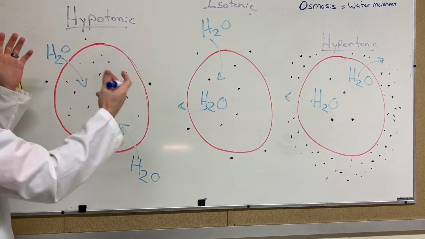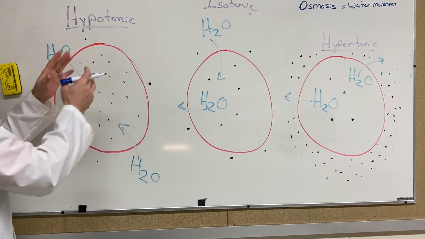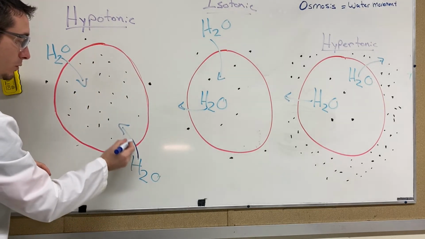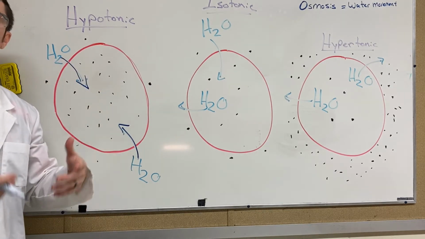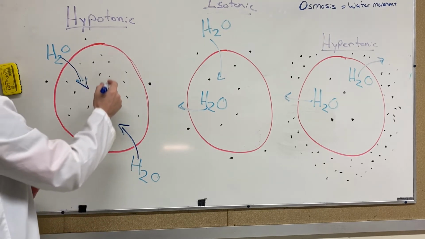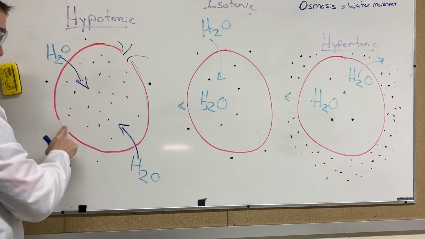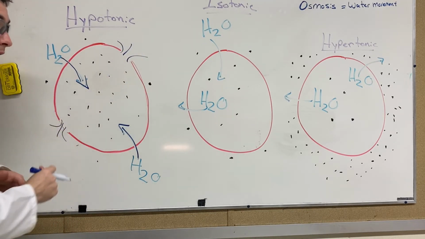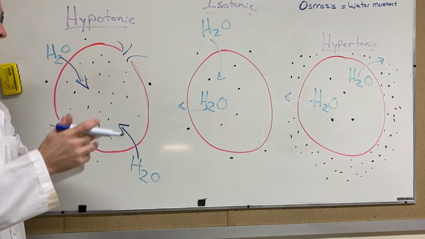That means there must be a higher concentration of water on the outside as compared to the inside. So the water will rush into the cell to try to equalize it through equilibrium and natural diffusion. That can inflate the cell so much that it can burst, causing the cell to die, releasing its organelles and contents outward, okay?